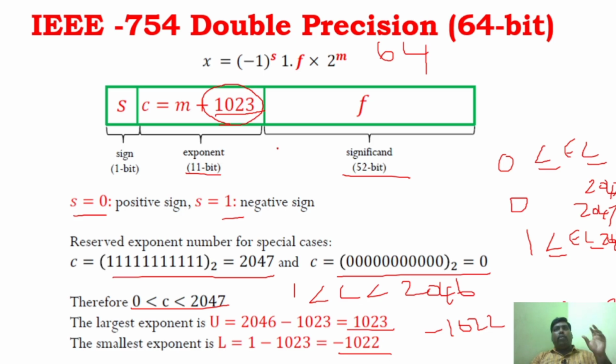Here the mantissa is 52 bits, so you have the 9-bit mantissa and the remaining bits will all be 0. The exponent is 11 bits, so you represent the exponent in 11 bits using the same binary representation.